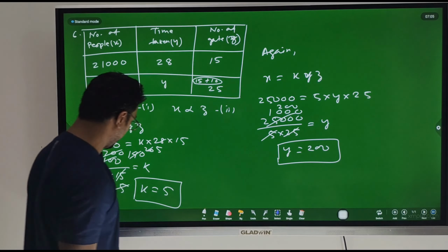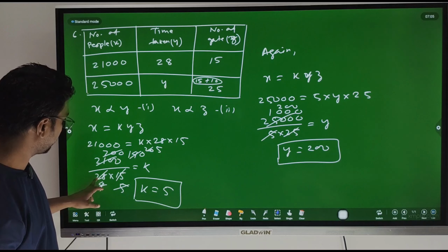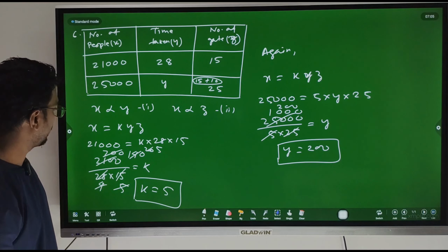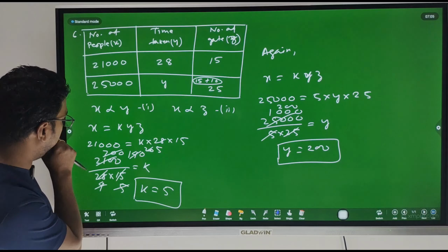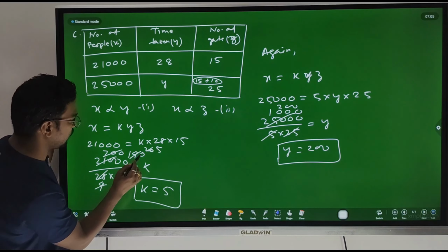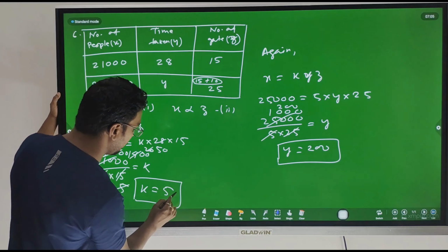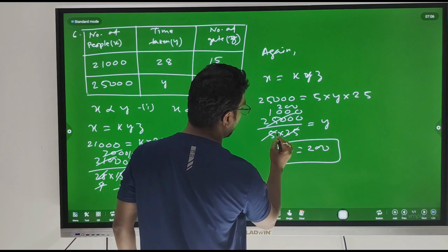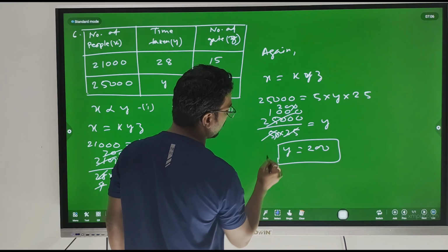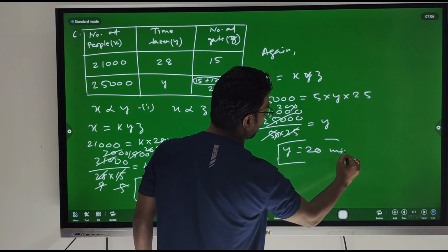It is correct. We have made some mistake here. So here one more 0 is supposed to be here, no? One more 0. Okay, it will be 50. So you have to divide by 50. So one more 0, it will get cancelled. So it will be 20 minutes. So it will take 20 minutes.